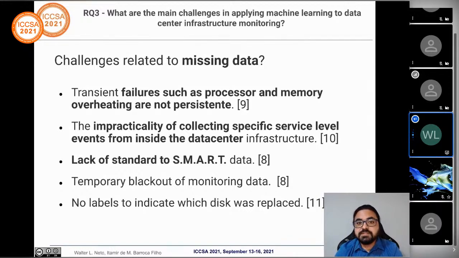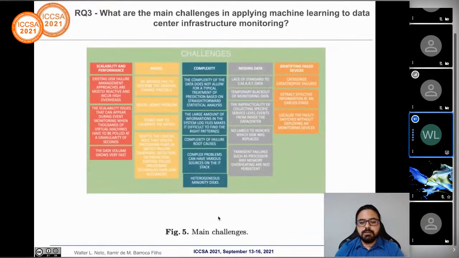Also, a lack of standard of smart data. QGIS and PostgreSQL methods are, and a blackout of monitoring data. Also, in the context of disks, no label indicates what disk was replaced when some disk was replaced in the works. So we present this image resuming the main types of challenges grouped by type.